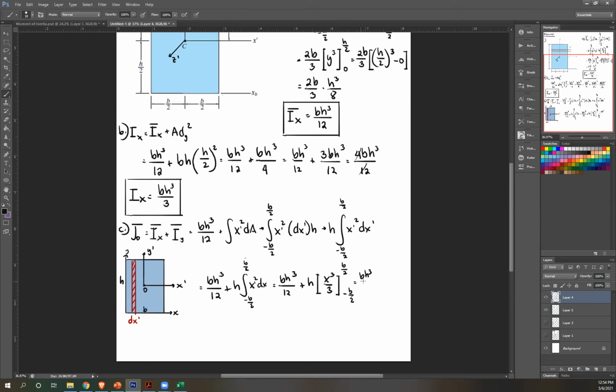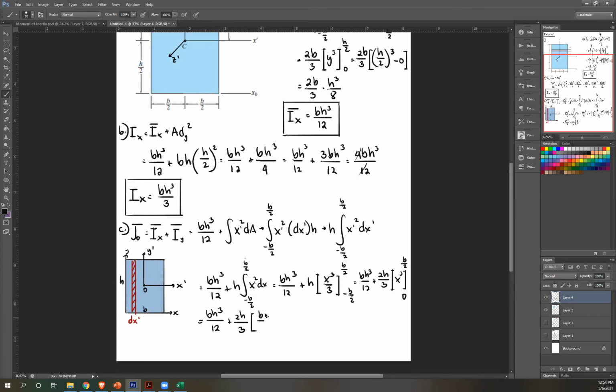So bh cubed over 12 plus multiplying by 2, you get 2h. Then I'm going to factor out this 3. That's why this becomes 2h over 3. Then we're left with x cubed. And then evaluate from 0 to positive b over 2. Okay. So bh cubed over 12 plus 2h over 3. Subbing in our values here, it's positive b over 2.